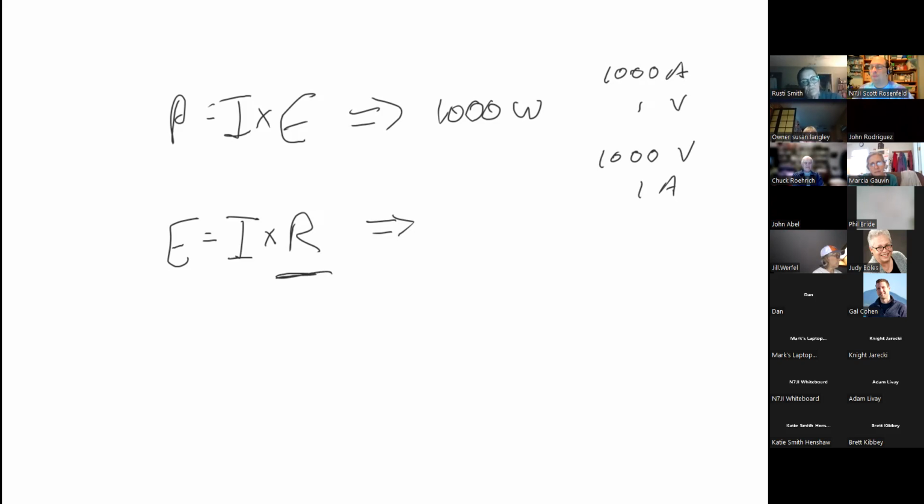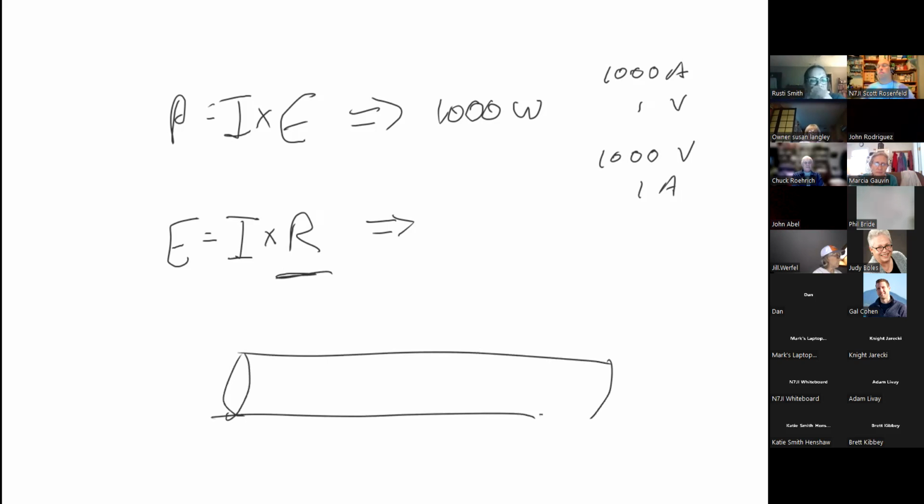Nope, not really. Now, what does matter is that every piece of wire has resistance built into it. Wire is not perfect. It has length, and it also has a cross-sectional area. Those things figure into its resistance.